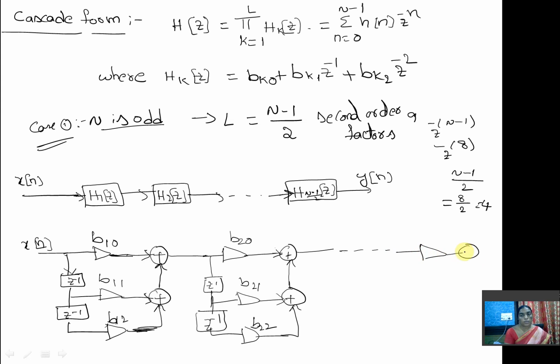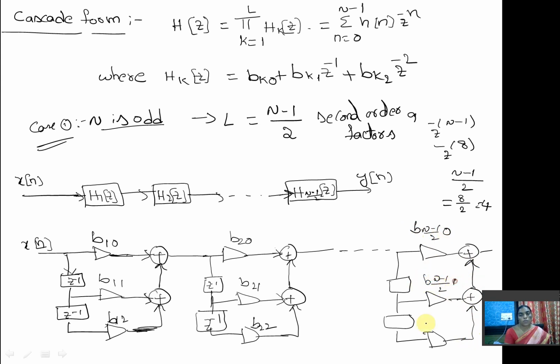Now here is b(n-1)/2,0, b(n-1)/2,1, b(n-1)/2,2, z power minus 1, z power minus 1.